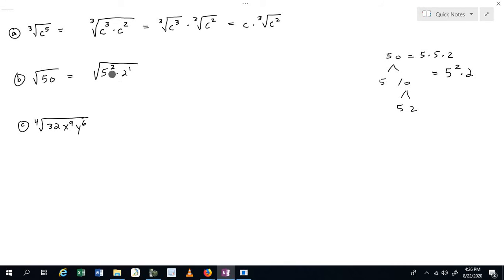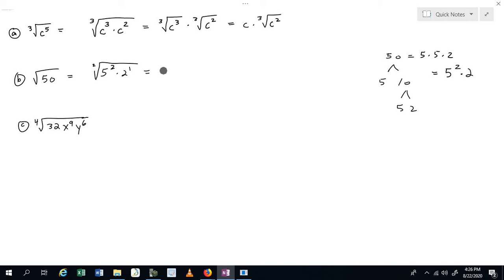Now, when you look at the exponents here under the radical, you need to make sure that they're less than the index. Now, the index in this case is 2. So 1 is less than 2, so this one's considered simplified. But the 5 squared needs to be less than that. And so again, we can still simplify this.